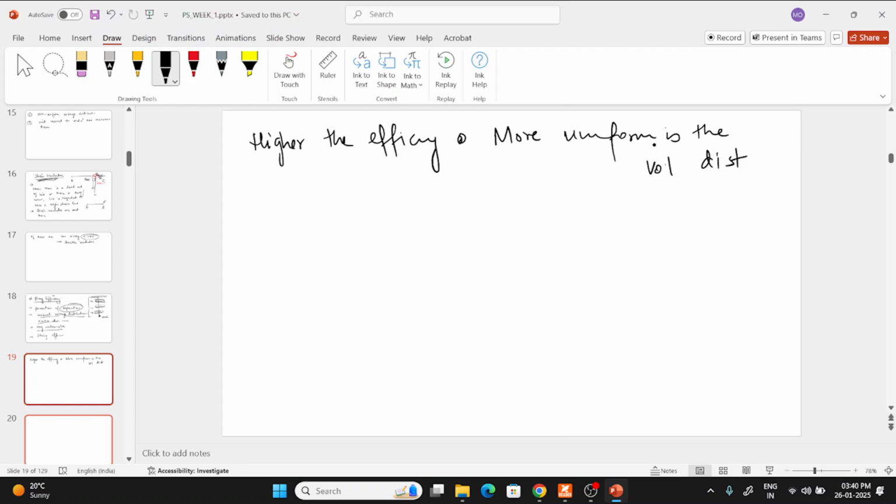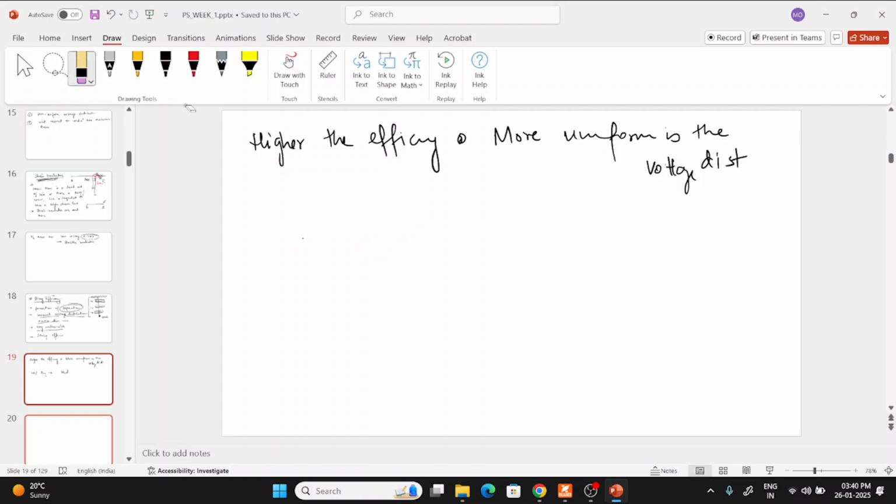Okay, so more uniform is the voltage distribution. So 100% string efficiency means that voltage across each disk will be the same, but it is for an ideal case. I will write it down here.